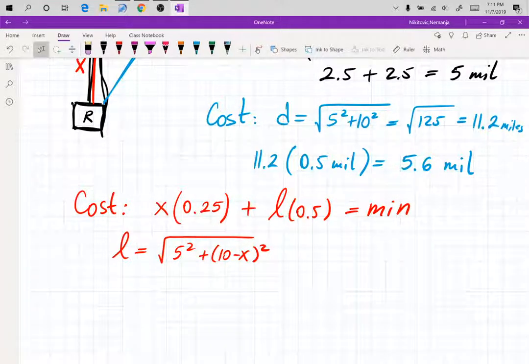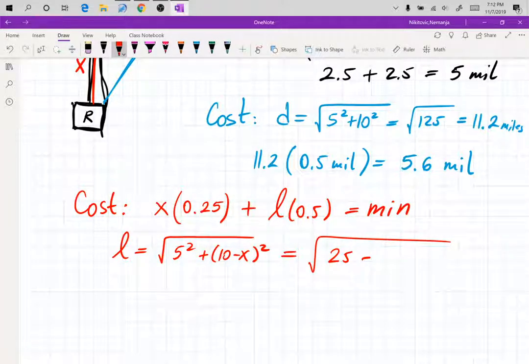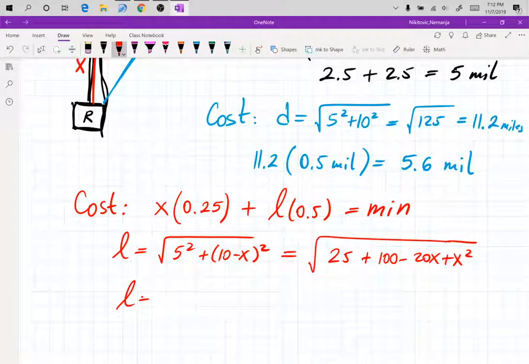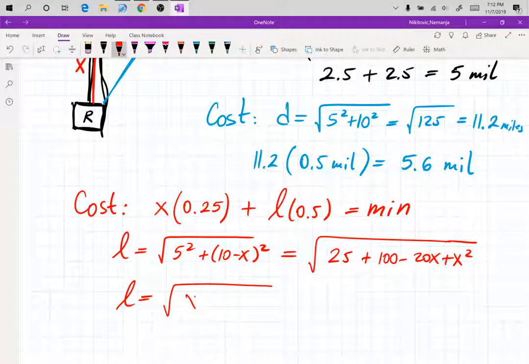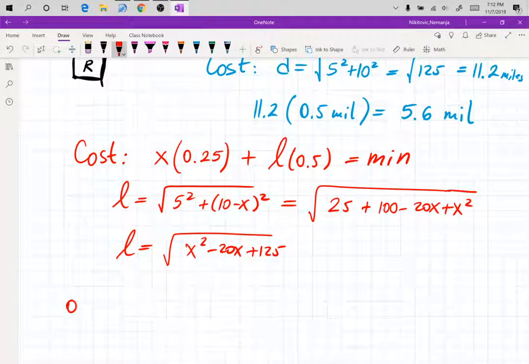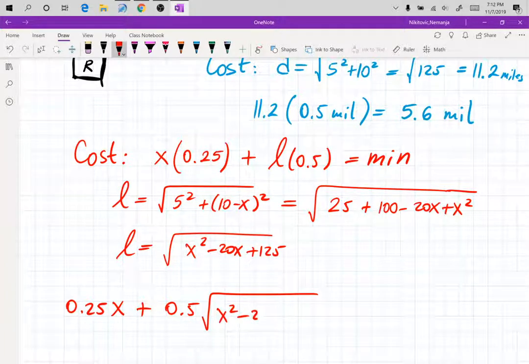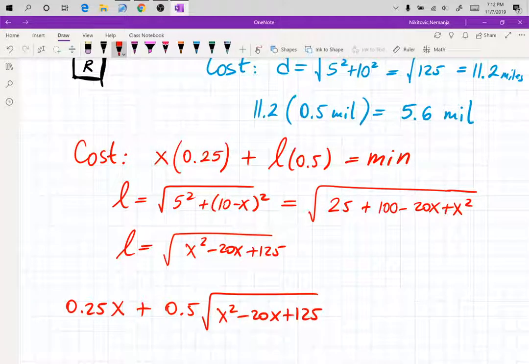Anyway, so what's L? L is going to be 25 plus 100 minus 20x plus x squared. L equals square root of x squared minus 20x plus 125. So now we have 0.25x plus 0.5 times the square root of x squared minus 20x plus 125 equals minimum.